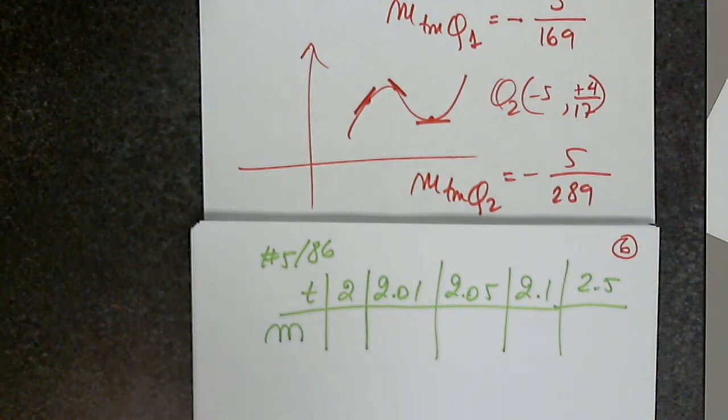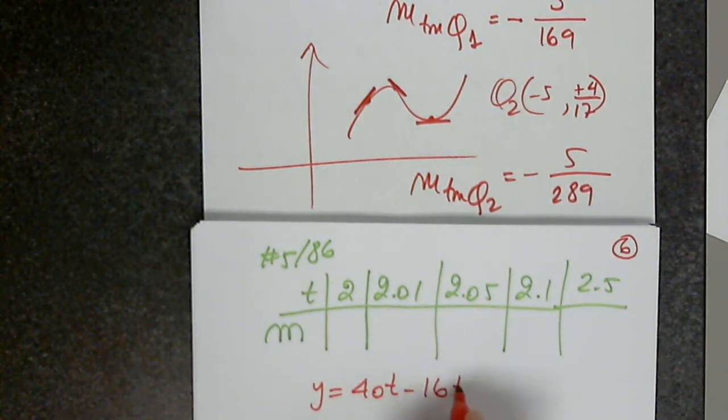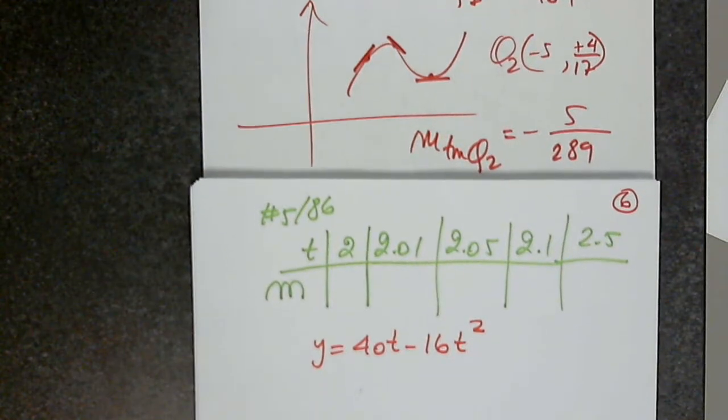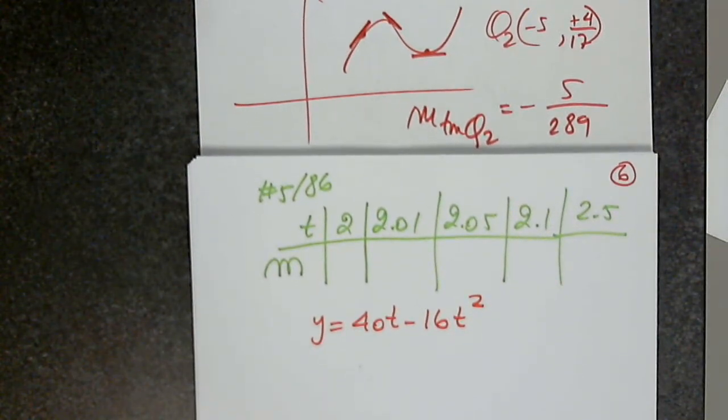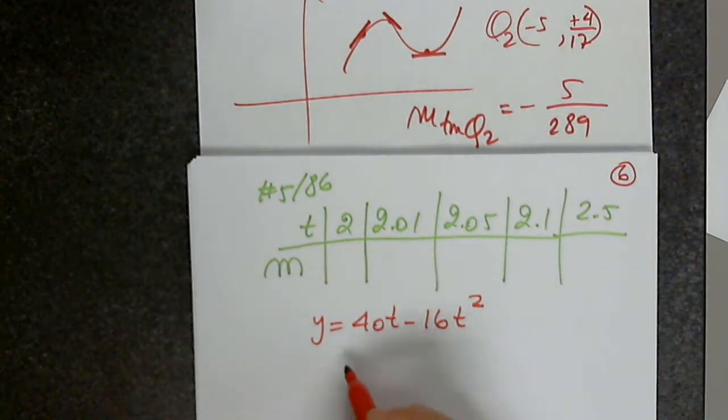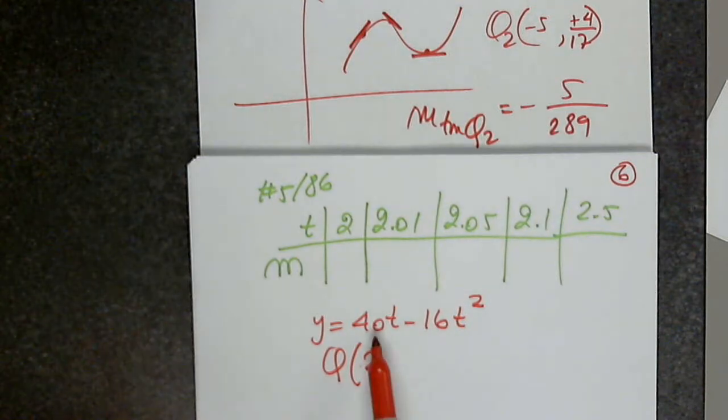We are given y equals 40t minus 16t squared, and we are given the point. So our point Q in this case is 2 comma. I have to determine that.